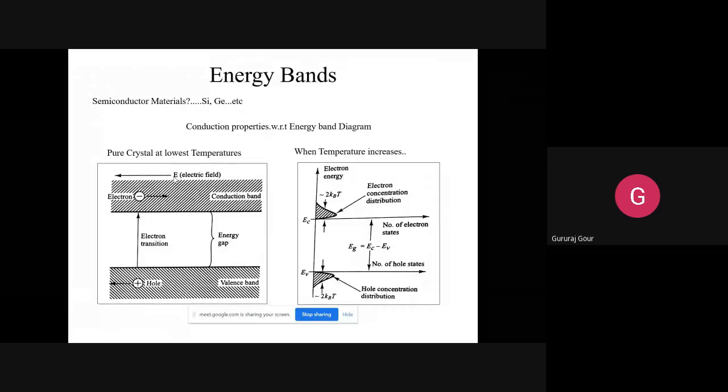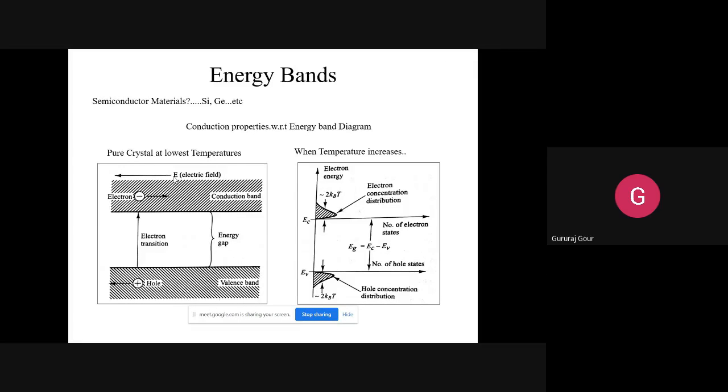That's why it is called an insulator, with very low conductivity. Whereas in a conductor, the band gap is very small, and a small amount of energy is sufficient for the electron to jump from the valence to the conduction band. In between these two, if the band gap is there, it is known as a semiconductor material, like silicon or germanium. We know these things already.